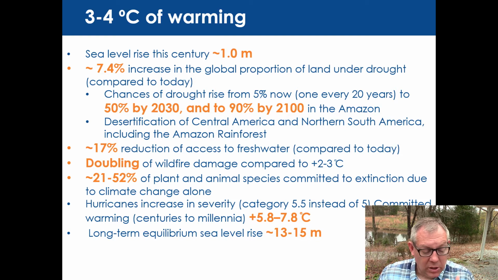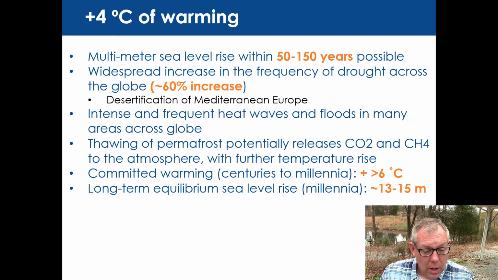And you're looking at long-term equilibrium sea level rise of 13 to 15 meters. Again, if all that ice melts, it's got to go somewhere. A 15-meter rise in sea levels, that would just completely transform the geography of the planet. And so again, these are all things that are predicted from such intense warming.